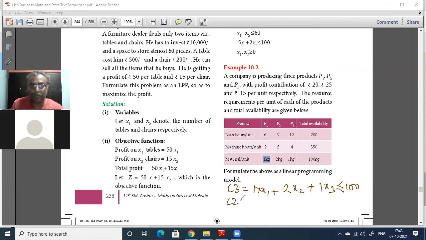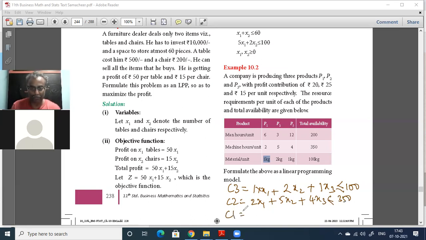Same way, constraint 2: machine hours. 2 into X1, plus 5 into X2, plus 4X3, less than or equal to 350.